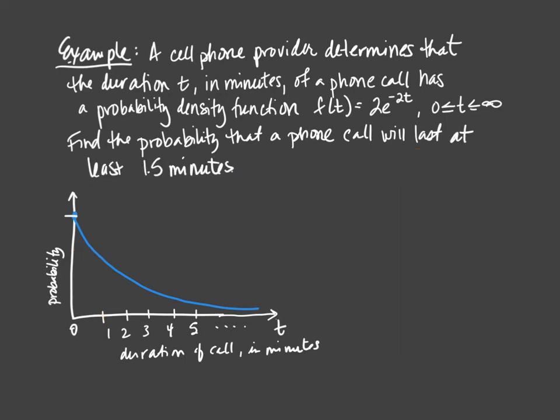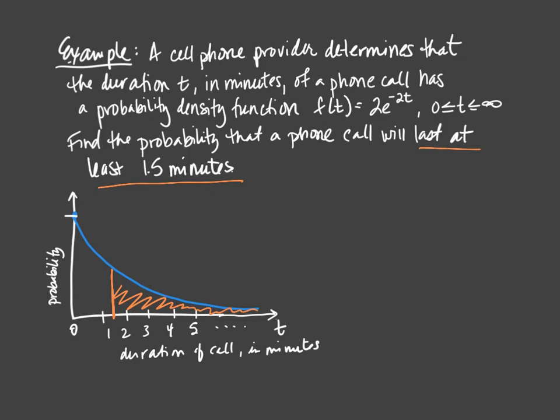Let's try another. It's the same problem, right? A cell phone provider determines that the duration t in minutes of a phone call has that probability density function, but the question is different this time. Will the call last at least 1.5 minutes? Okay, so at least 1.5 means it's going to last 1.5 minutes or more, right?